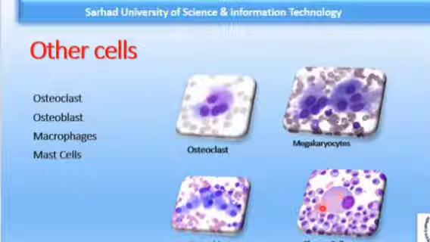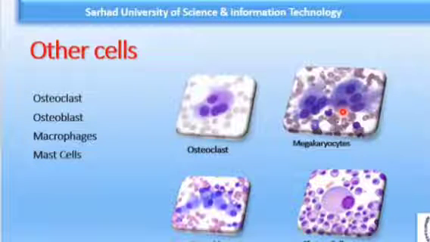This is a plasma cell, where this is an osteoblast. And when you are looking at osteoclasts, you will not confuse them with megakaryocytes. Megakaryocyte has its own morphological features, so osteoclasts should not be confused with it.